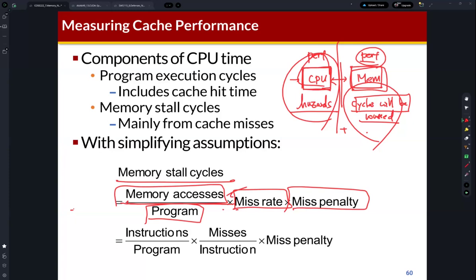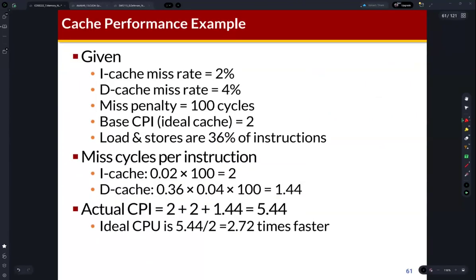So we can compute this as the number of instructions per program, times the number of misses per instruction, multiplied by the miss penalty. So this is the additional cycles. Okay, and let's see the example. It's a cache performance example. These are the assumptions.